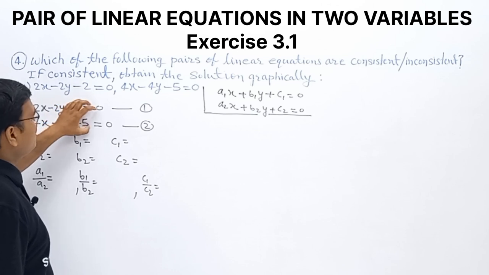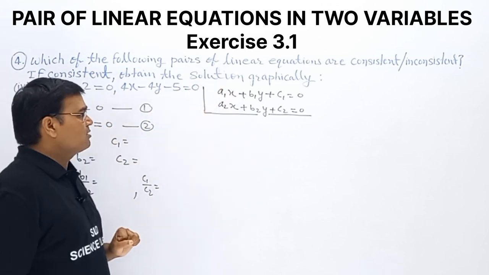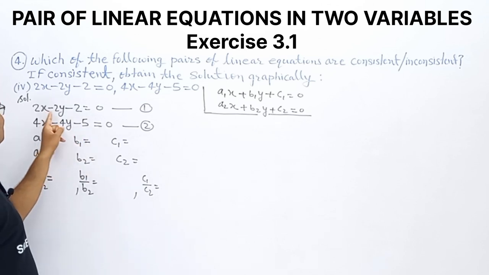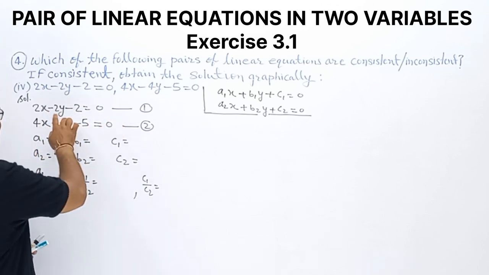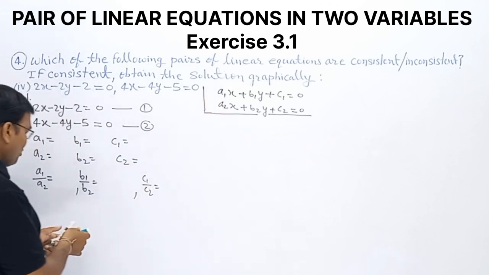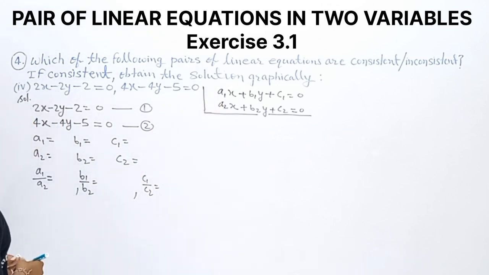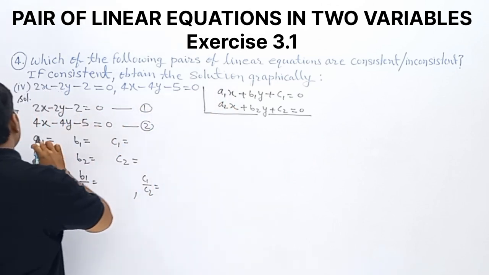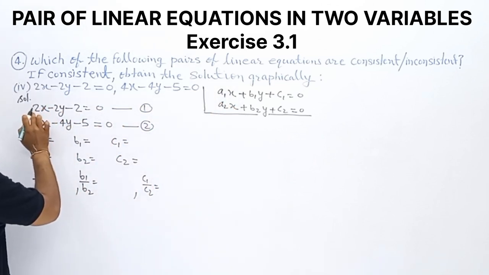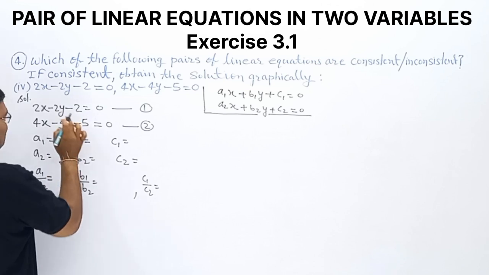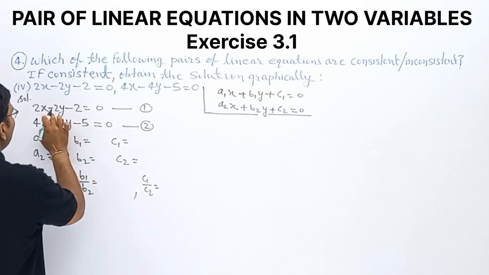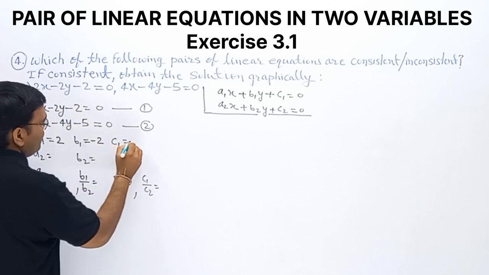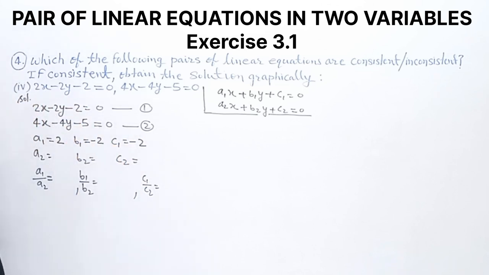Now we will compare these equations and find a1, b1 and c1 for equation 1. a1 is the coefficient of x, which is 2. b1 is the coefficient of y, which is minus 2, and c1 is the constant term, minus 2. Clear?